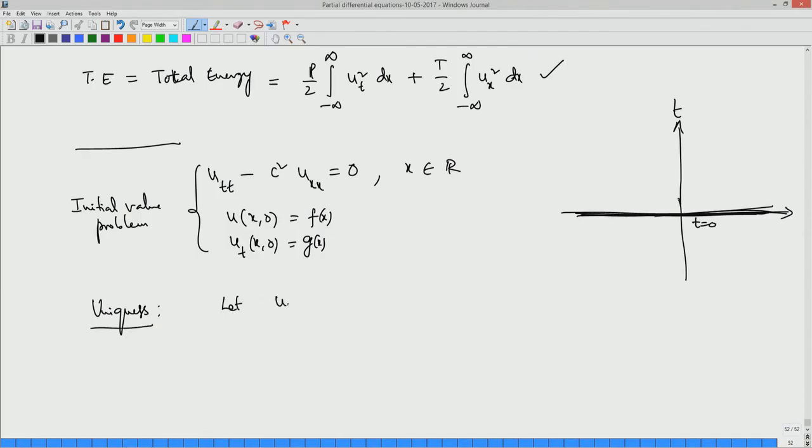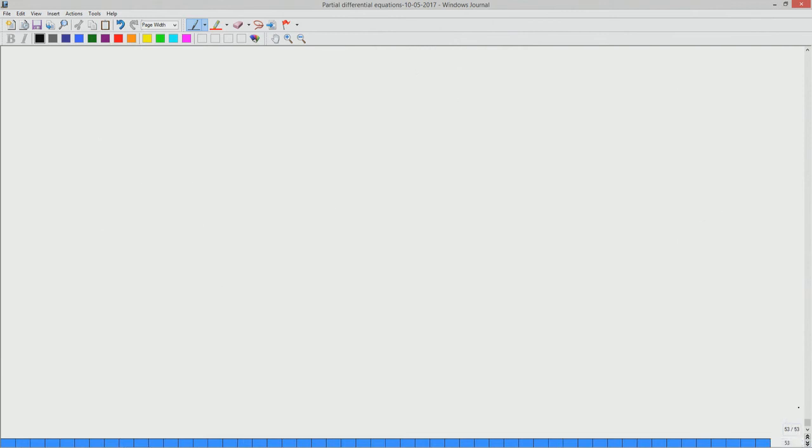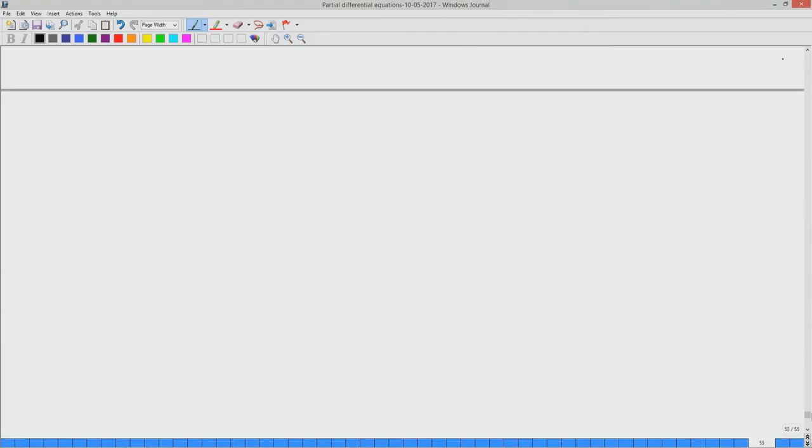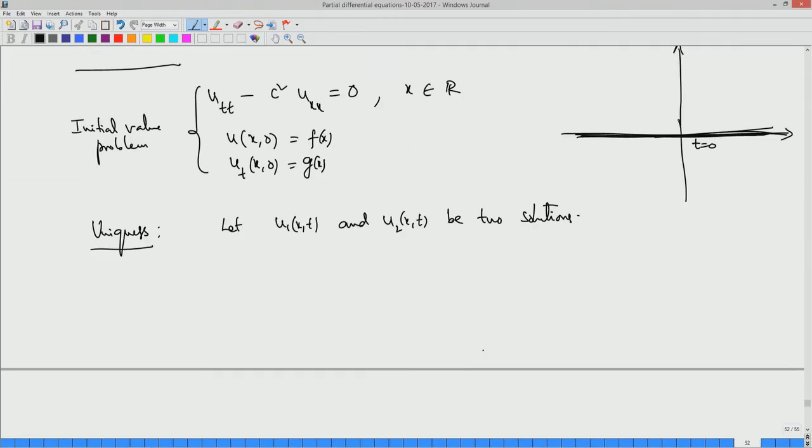Let u1(x,t) and u2(x,t) be two solutions. If you take them as two solutions, then they satisfy this.